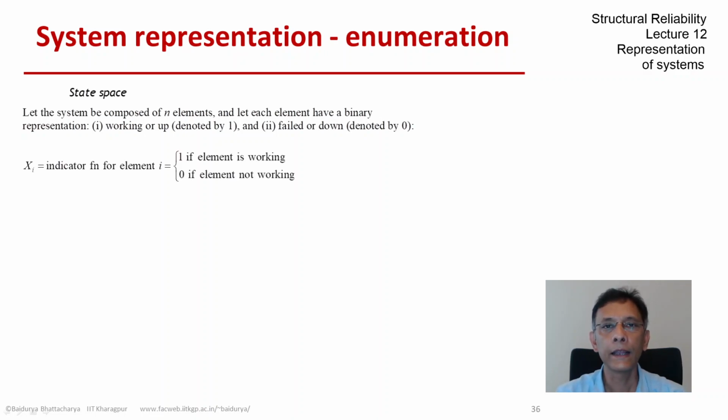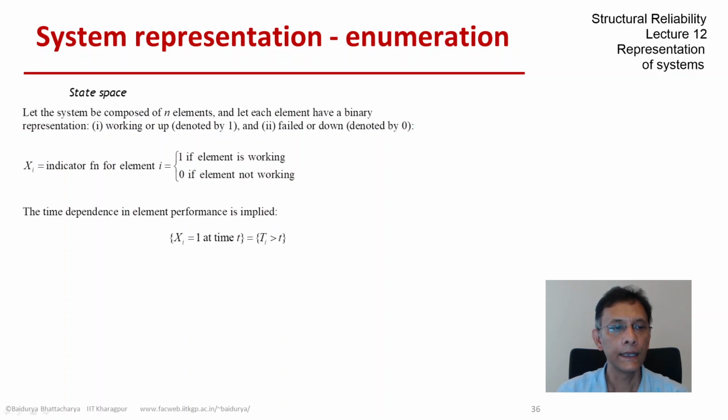So I can have the performance indicator for each element xi. That's equal to 1 if the element is working, and 0 if the element is not. If time was an important aspect here, which it often is, that's implied.